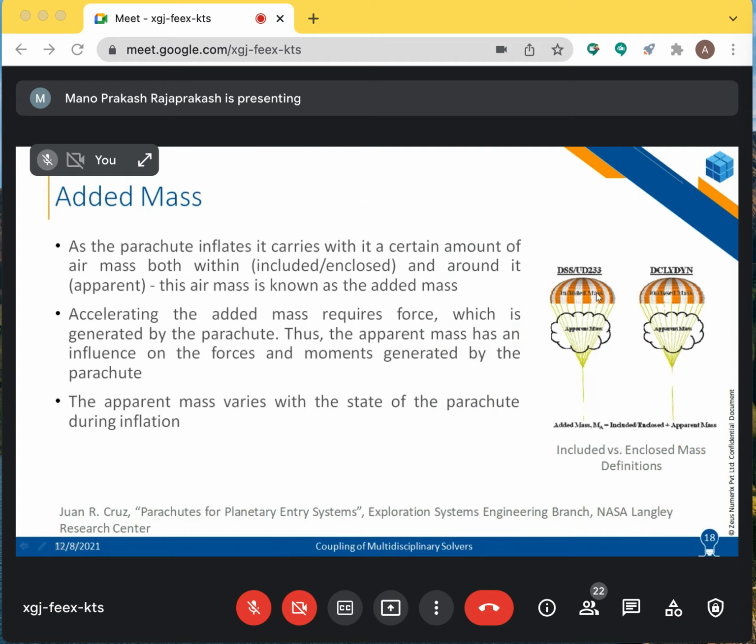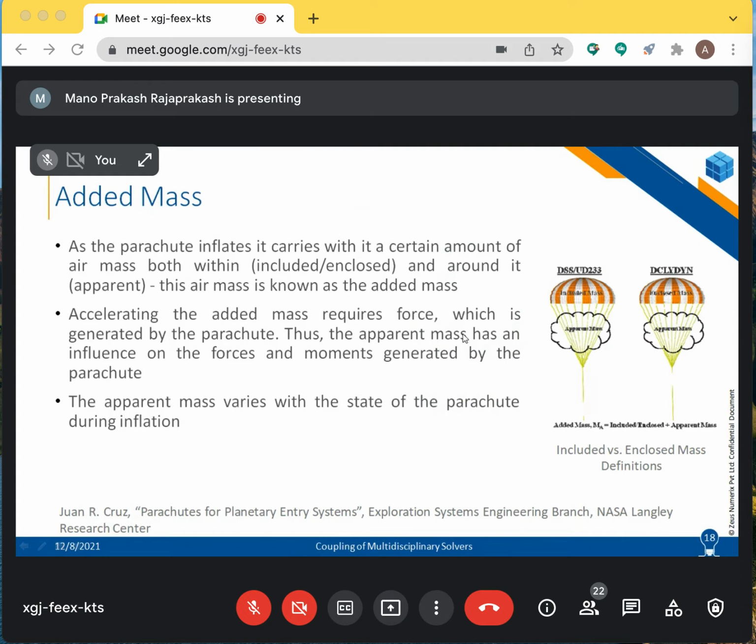This virtual mass can be split into two. One is the mass which is contained in the canopy, and the other one is the mass which is present between the suspension lines. This is called the included mass, and this is called the apparent mass. So the added mass is basically the summation of the included, that is the enclosed, plus the apparent mass.